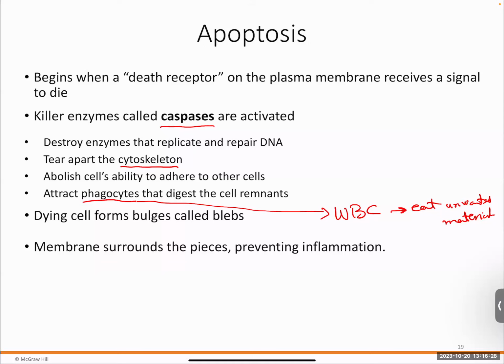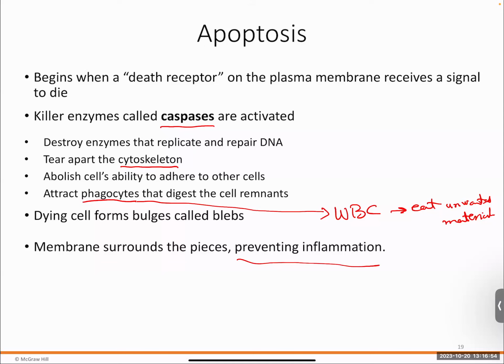So they are encased, even the cells being destroyed. You're not releasing and dumping the material inside the cell to the external environment. You're still protecting them inside these little tiny bubbles called blebs. And this is important because it prevents inflammation of the tissue.